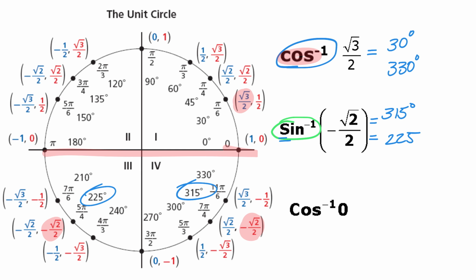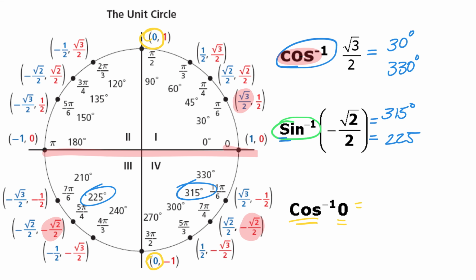And then the last thing, cosine, the x value. What we're essentially looking for is an x value, because that's what cos is, x value of 0. There's an x value of 0. There's an x value of 0.